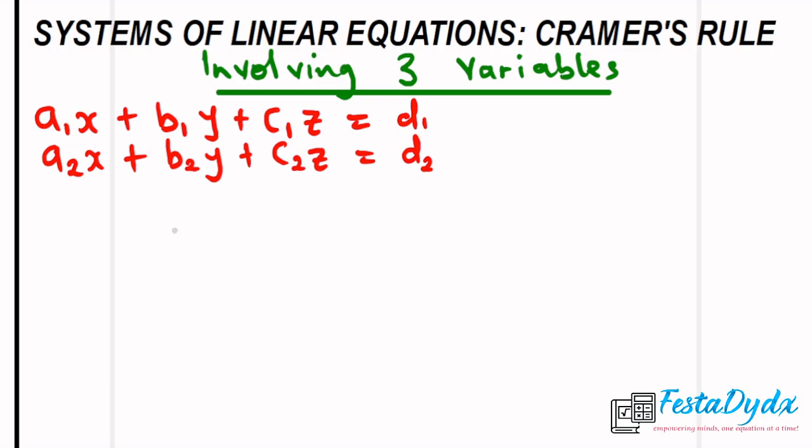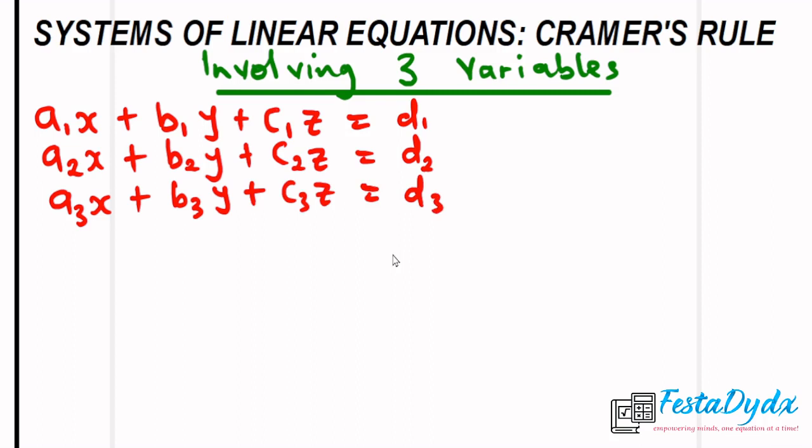And then we'll have a3x plus b3y plus c3z equal to d3.